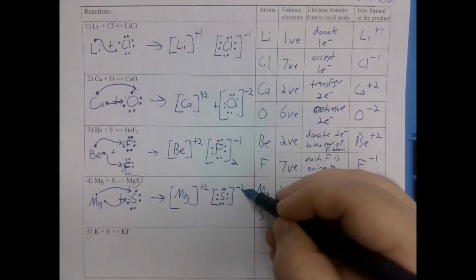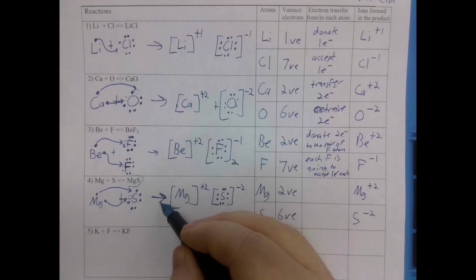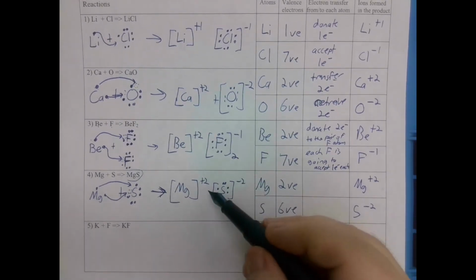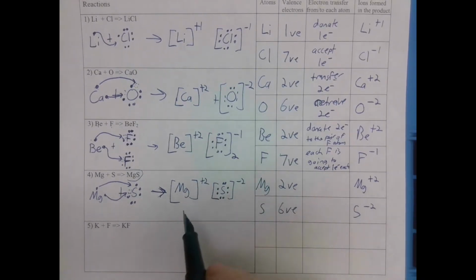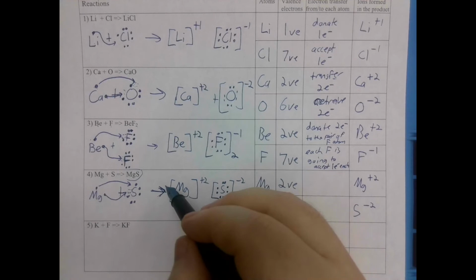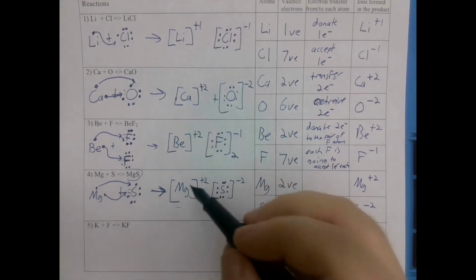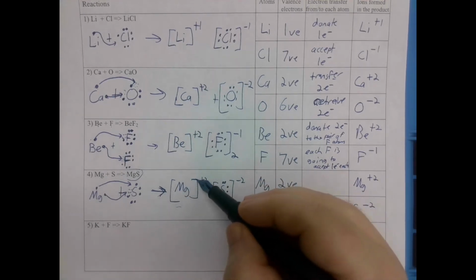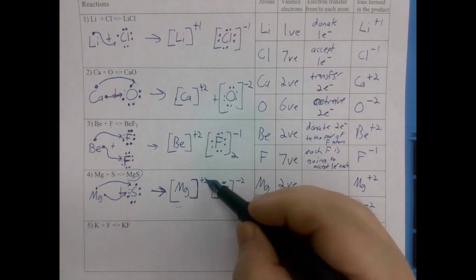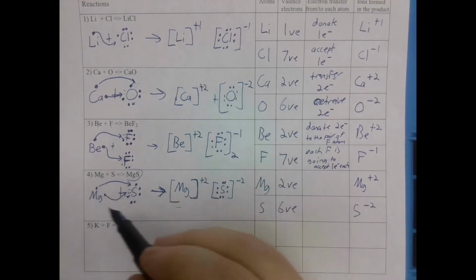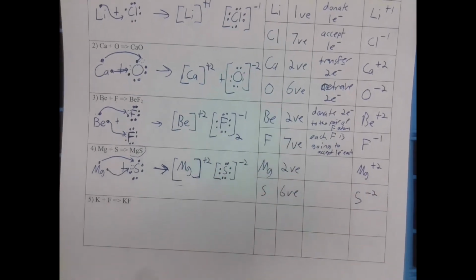By the way, you can think of the arrow sign as an equal sign. And there's no plus because we've combined them together. This is still a Lewis dot structure right here. If it has a charge, we always put it in brackets and write the charge on the outside. If there is no charge, we don't put brackets around it.